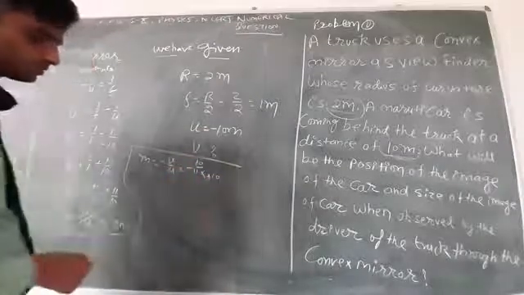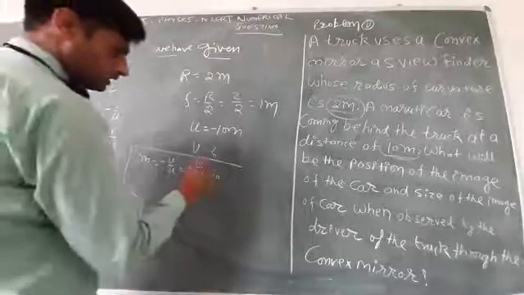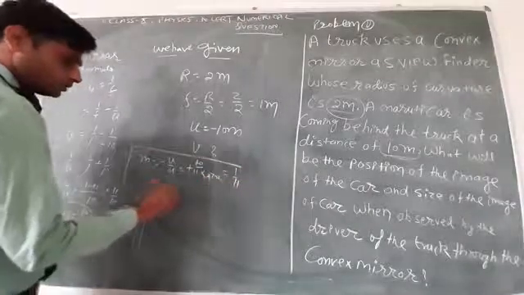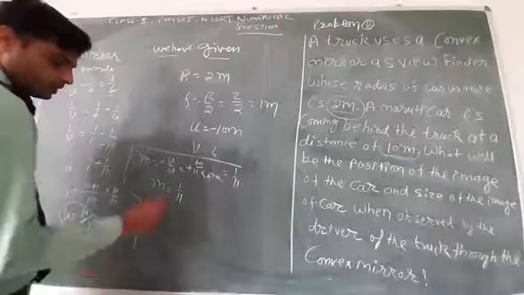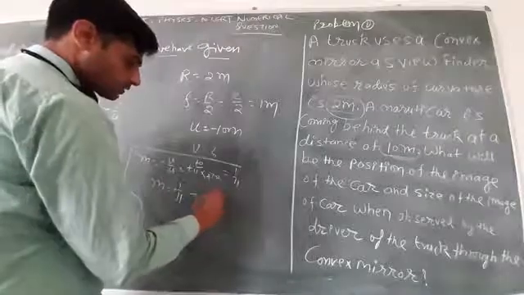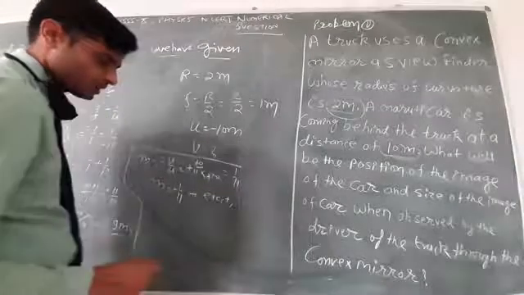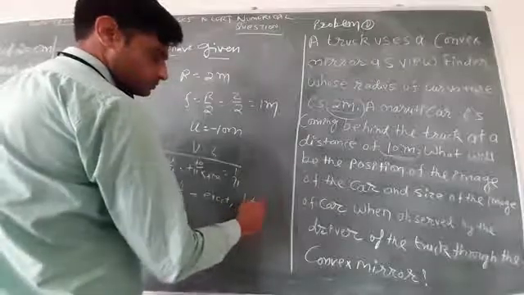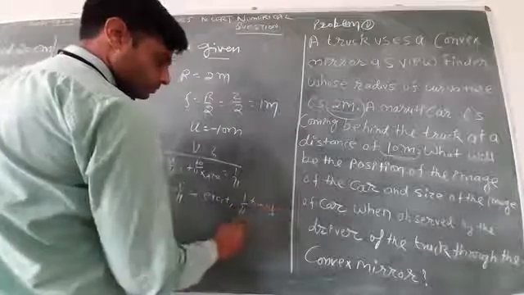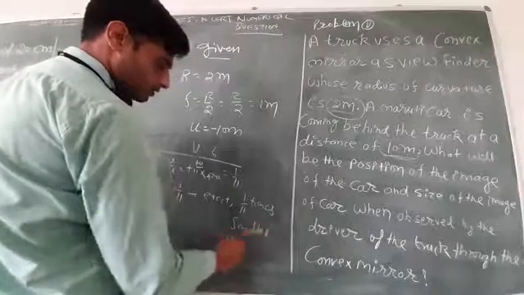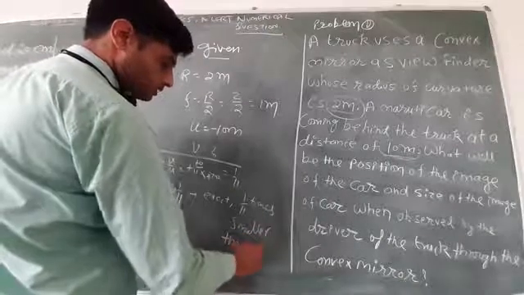Minus minus is positive. So the 10 cancels, leaving 1 upon 11. So m equal to 1 upon 11. This is positive. It means the image is erect, and 1 upon 11 times smaller than the object.